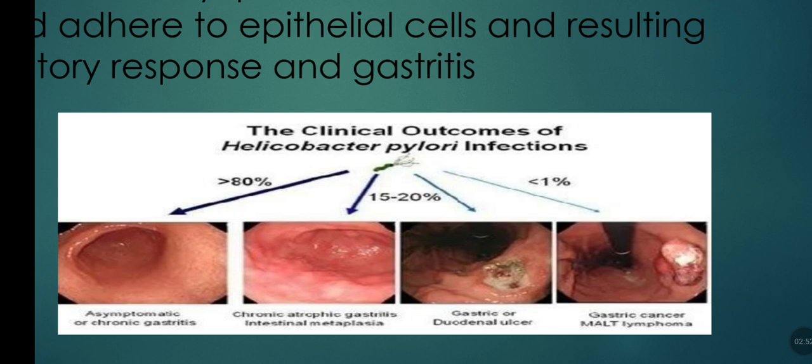In the second picture, we can see nodes in the lining created by the bacteria. After that, these nodes transform into gastric cancer and duodenal ulcer as a reaction to the bacteria.